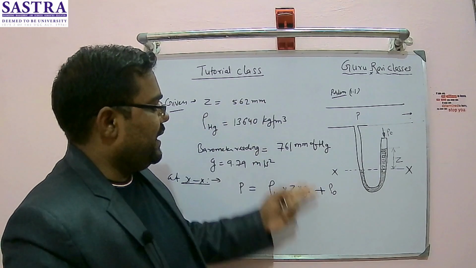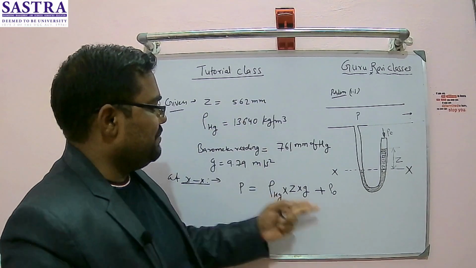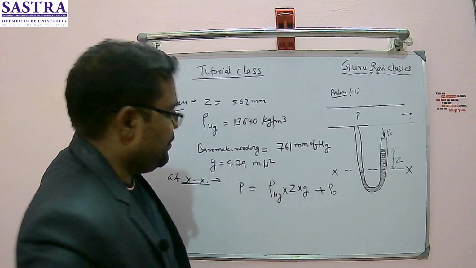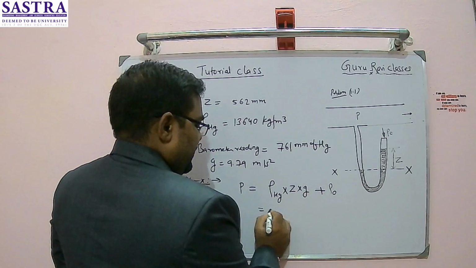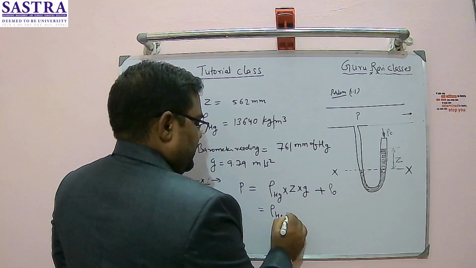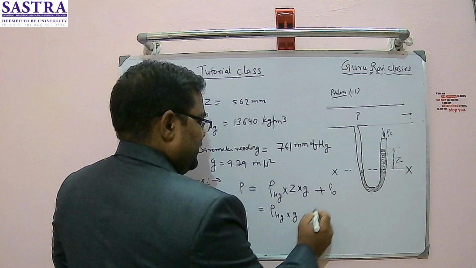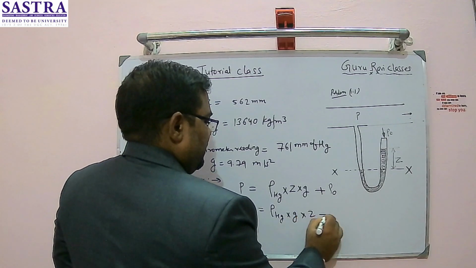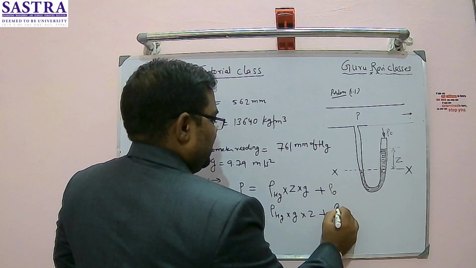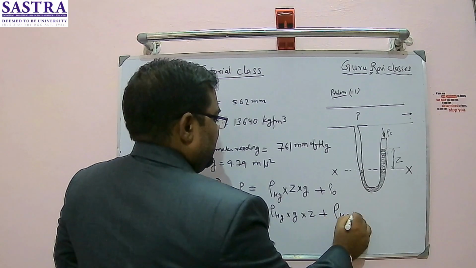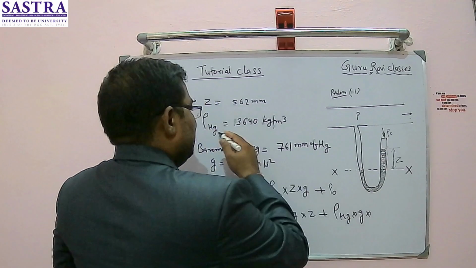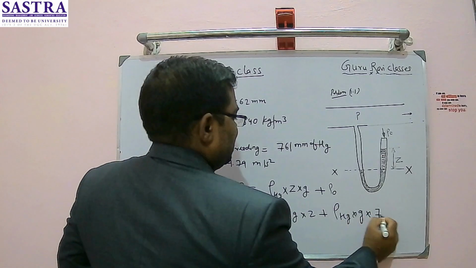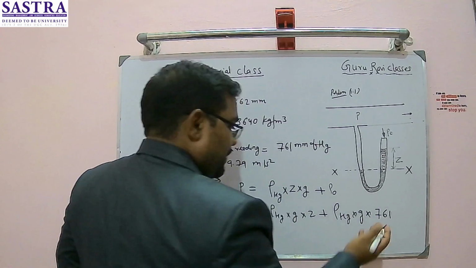So you can substitute directly in the same equation, because this is also mercury. So same, I can write here rho of mercury into g into Z, plus this P naught, which is also density of mercury into g into this height, which is given as 761 mm of mercury basically.